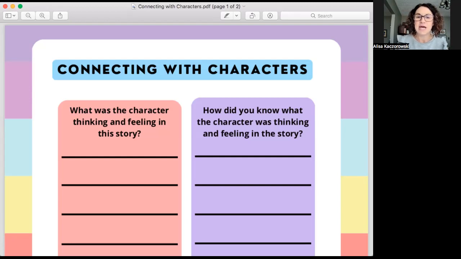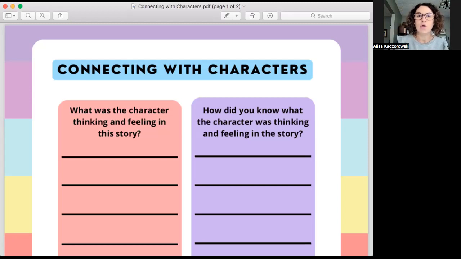So the idea behind connecting with characters, or story talk, is we're identifying a character's words, feelings, actions, thoughts, and we're using the pictures and all of those words and what we're reading about to discuss the character's emotions.